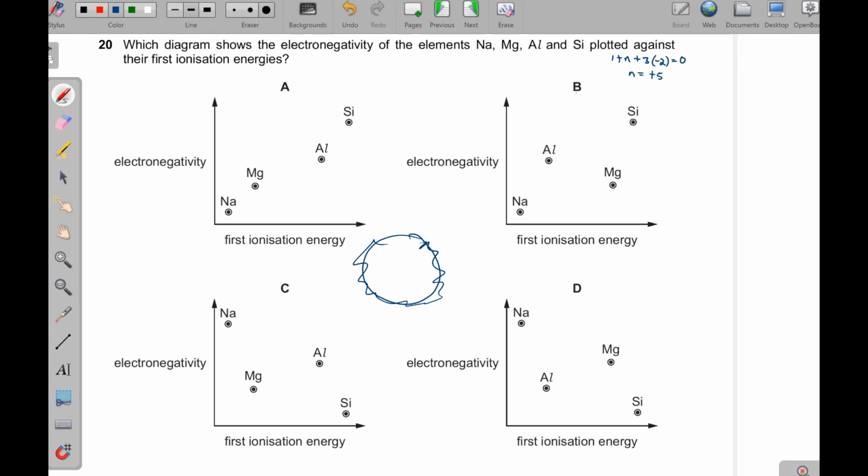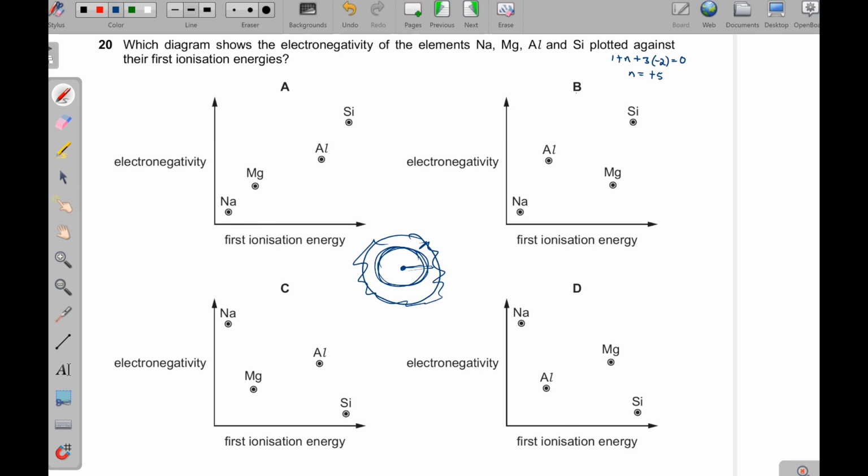So there is constant shielding, and as you're adding the electron to the outermost shell, there is also a proton added to the nucleus, so the nuclear charge increases, and also the nuclear attraction for the outermost electron increases.